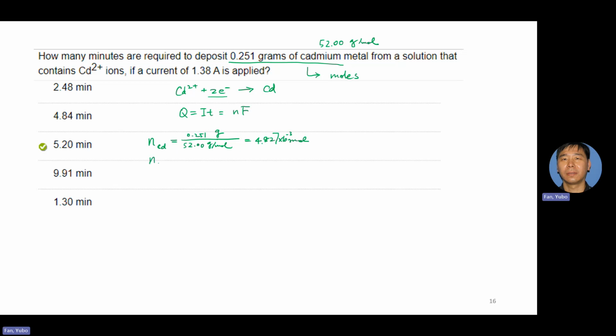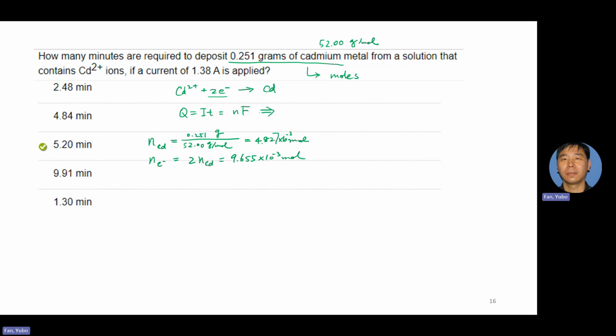The number of moles of electrons will be twice as many, because for one cadmium to form, it needs 2 electrons. So it's 2 n Cd, which is 9.655 times 10 to the minus third moles. You might be able to calculate directly, just multiplying by 2 directly, so you don't have to go through 2 steps. But anyway, both ways are good.